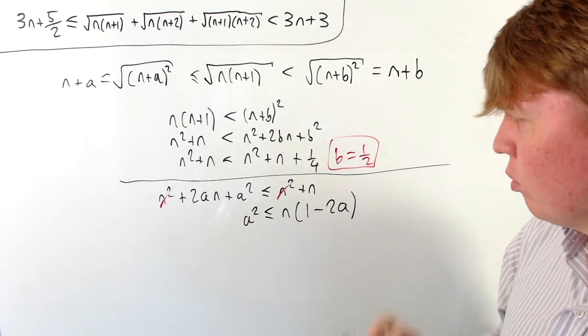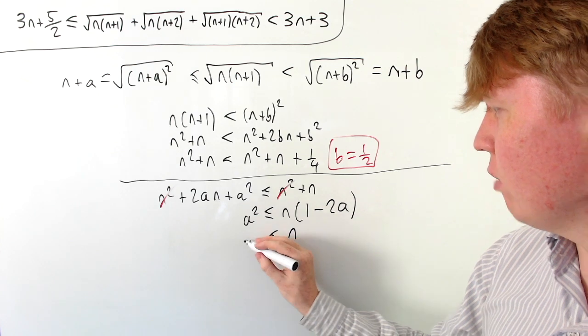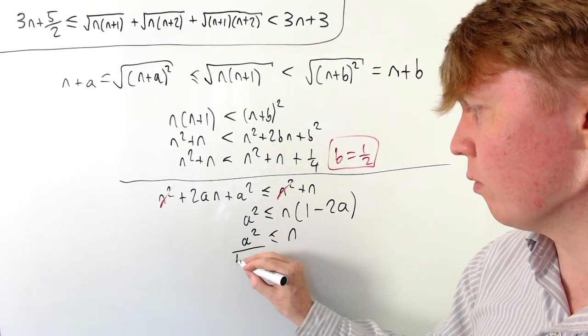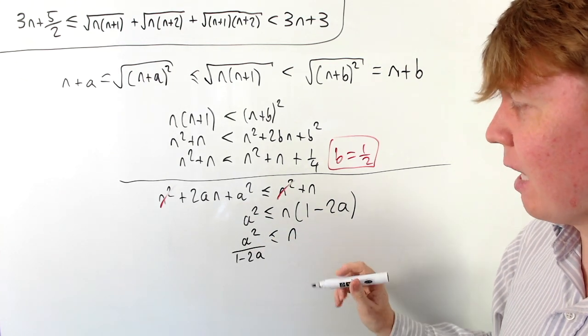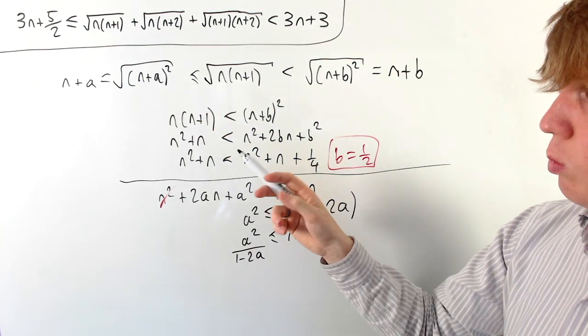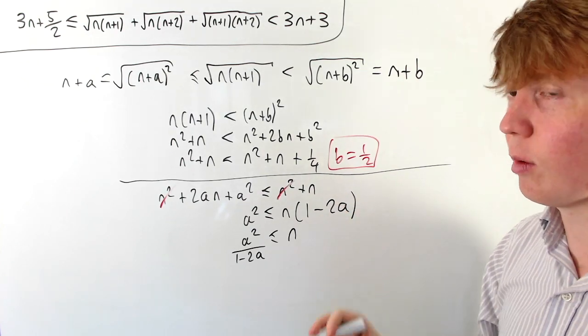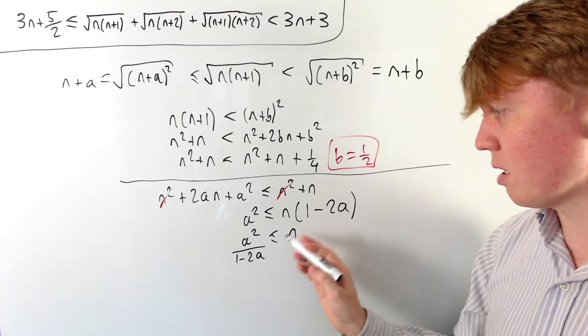And if we divide through by this 1 - 2a term, we have n is greater than or equal to a squared over (1 - 2a). And because we know that this inequality wouldn't work if a was a half or bigger, we know that this 1 - 2a term is going to be positive, so this is fine.